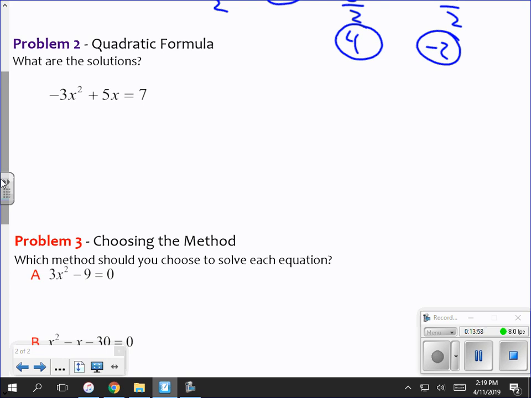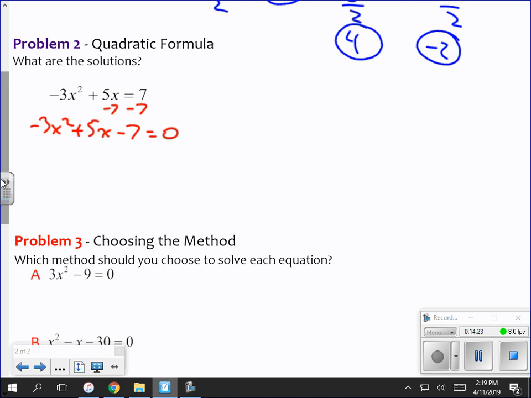No, so my first step is actually subtract 7 from both sides. So I get negative 3x squared plus 5x minus 7 is equal to 0. If it's not equal to 0, I can't use a quadratic formula. It won't work. It's like solving by factoring. It has to be equal to 0 or it won't work.